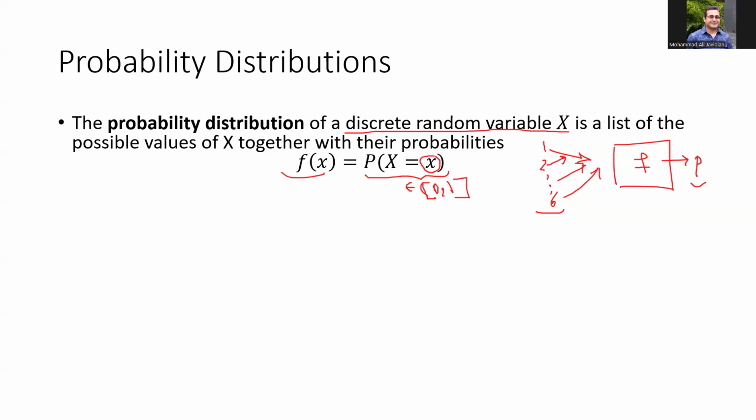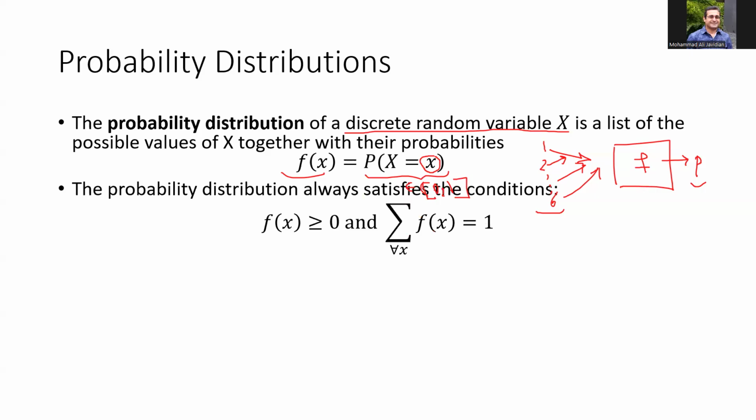So when we have a probability distribution, this function is always non-negative. It always returns a number 0 or bigger than 0, and the summation of, in the discrete case, the summation of f of x for all x's equals 1.